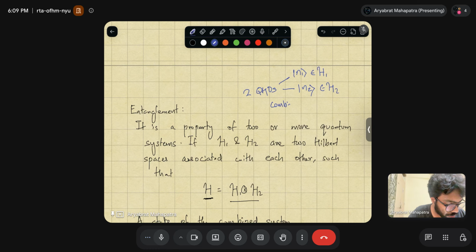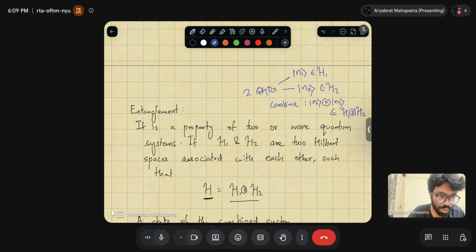We do this kind of operation, the tensor product. We'll see that this will be in an extended Hilbert space.